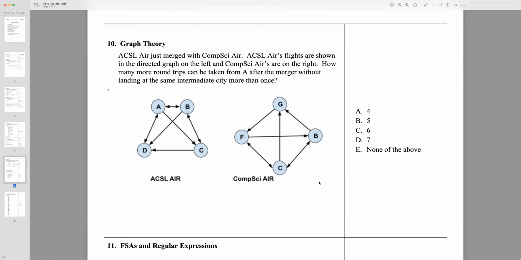So let's do this. All right. Our first order is going to be to find all the round trips you can get from simply just ACSL Air.